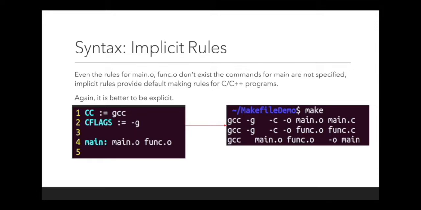In this makefile, we do not specify the command for main, and we do not specify the rules for these two object files. But it can also work because we define the implicit variables. Implicit rules are used when there are no explicit rules.